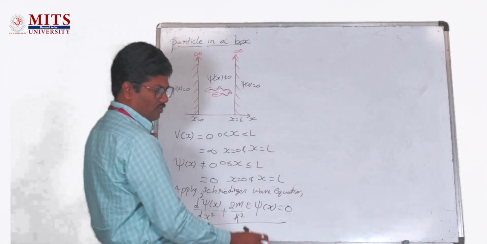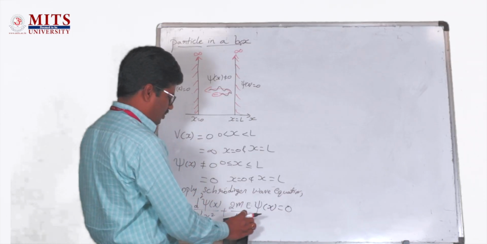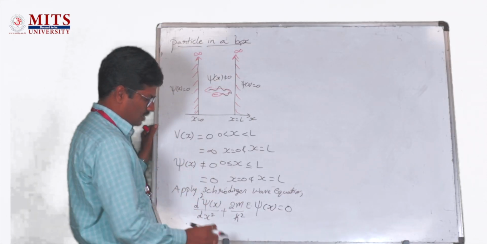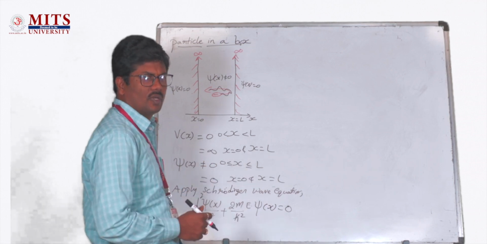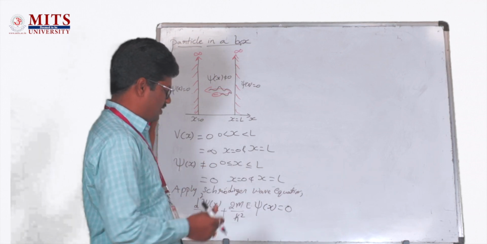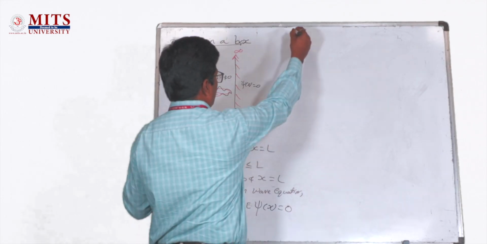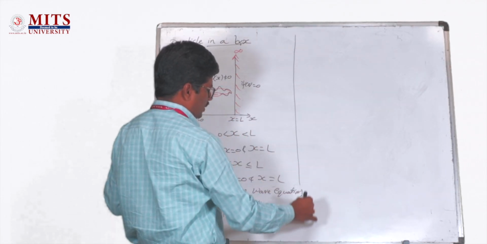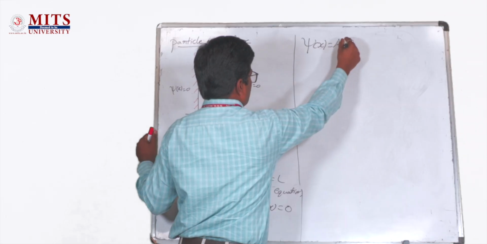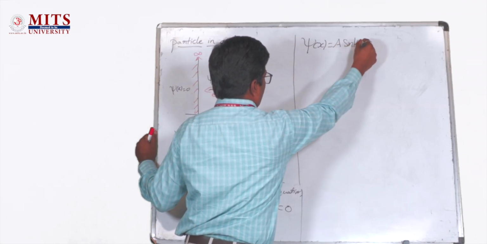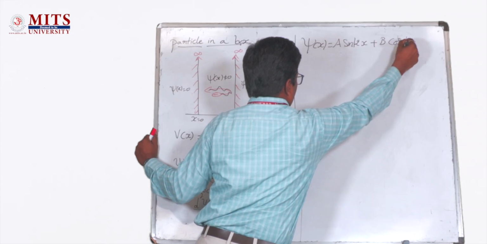When we take this equation, there will be multiple solutions, but we will take the solution which satisfies this equation: psi of x is equal to a sine kappa x plus b cos kappa x.